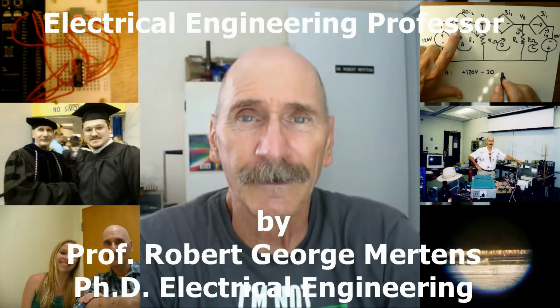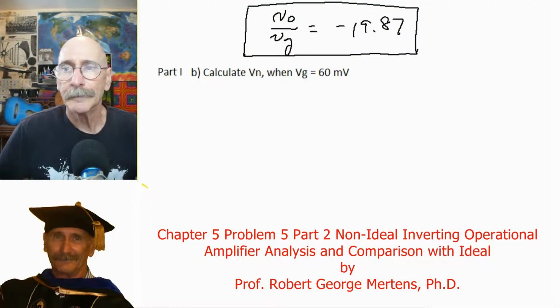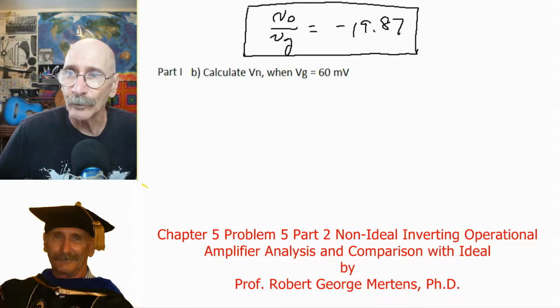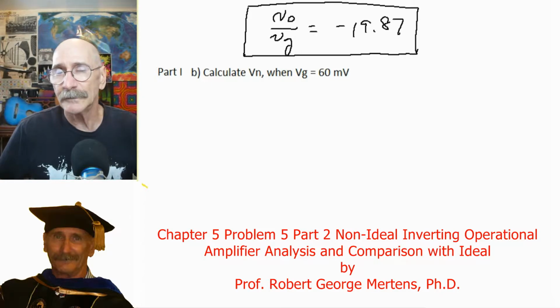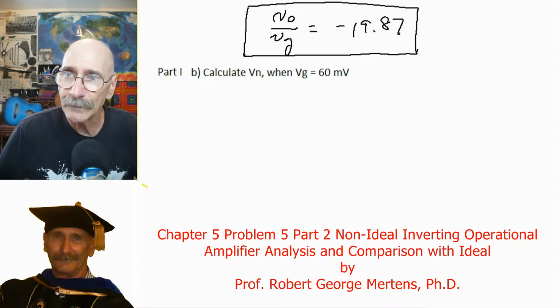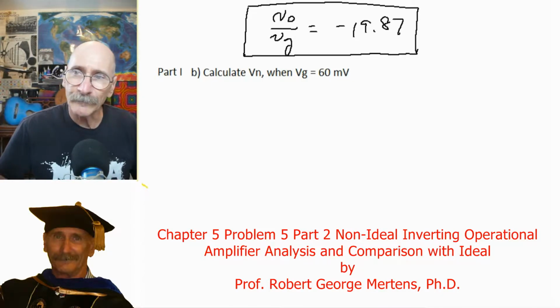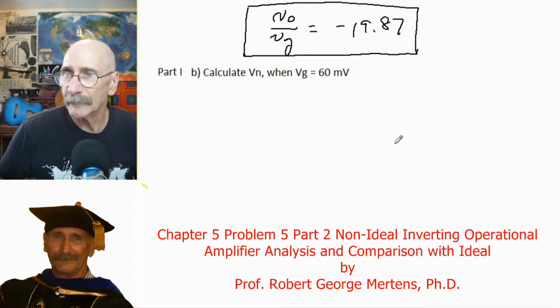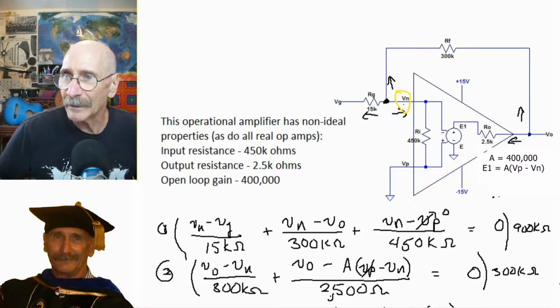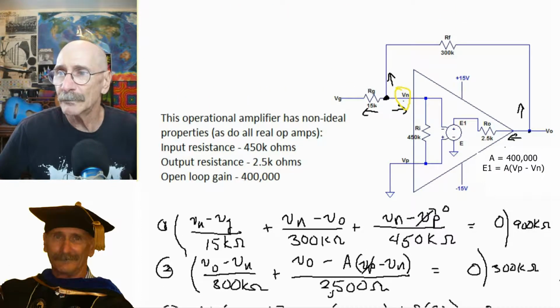Alright, part 1b is to calculate Vn when Vg is equal to 60 millivolts. So we have an input voltage of 60 millivolts, and let's go back and look real quick at what Vn is. Vn, and we're going to use the large model here.